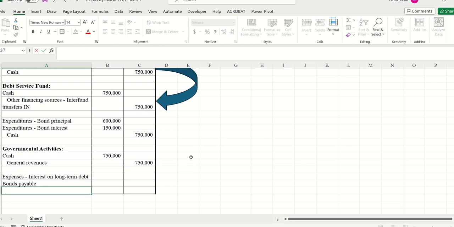And what are we paying them with? Cash, right? So the interest, remember, was the 150. The bond principal was 600. And we paid out the total of the 750. And that is question number 1.